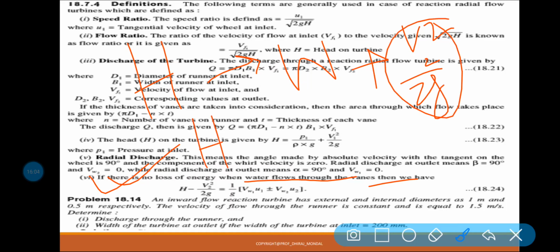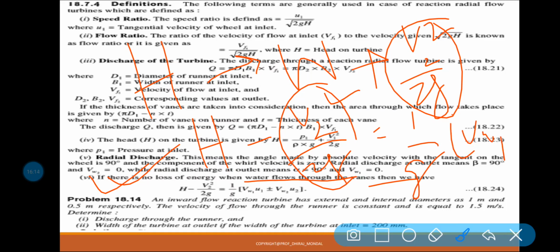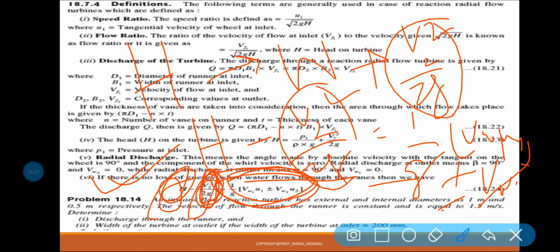So I can write the head minus the kinetic head at the outlet is equal to 1 by g (Vw1 U1 plus minus Vw2 U2). Because this one is your work done per unit weight, and this is your kinetic energy per unit weight, and this is your potential energy per unit weight.